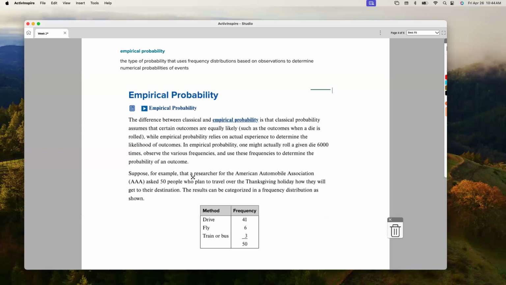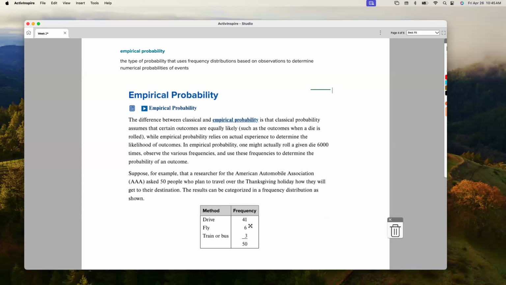So here we're going to look at just another example where they ask 50 people who are traveling over Thanksgiving how they'll get to their destination. If these people do represent the population we're seeking of all travelers, then if I select one single person from that population, the probability is going to be approximately 3 out of 50, which would be about 6%, right?